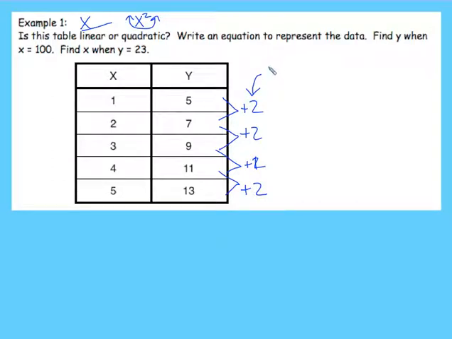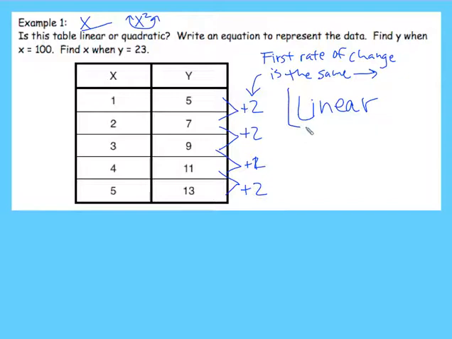It's also the slope of your line if these just change by 1, but we're going to call it the first rate of change. If that is the same, then it is linear. That's the first thing it asks for up here: linear or quadratic. We're going to answer the rest of it in a second.